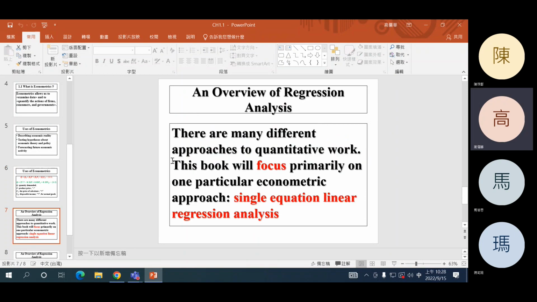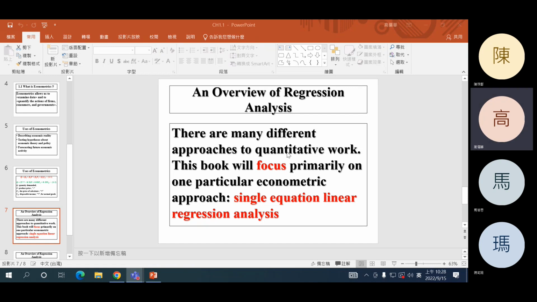Again, I already said that there are many different approaches to quantitative work, but this book will focus primarily on one particular econometric approach, which is called single equation linear regression analysis.